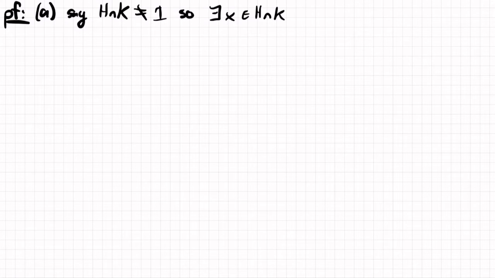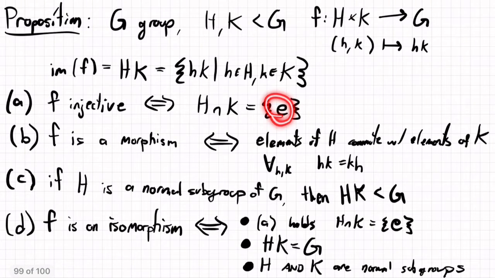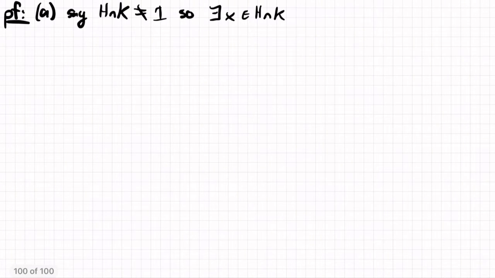I'll erase the not equal to 1 part. And by the way, if I'm using 1 here, and I used E over here, that's totally interchangeable. Maybe I should put E right here just to be consistent.